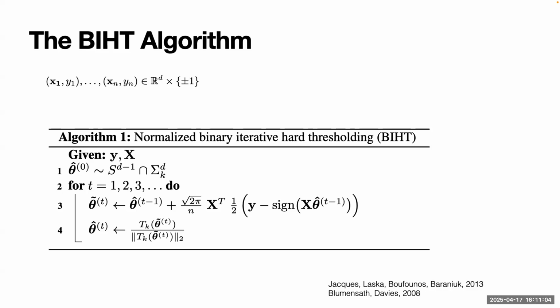So I want to learn some half space, so I want to learn the normal to the half space. I start with some initialization, and we'll come to what this means. Suppose I just take a unit vector. Then I run something which is like a gradient descent. I iteratively do the following. I check all the points where the label is not matching the sign of X times my current estimate of theta. If it matches, I don't do anything.